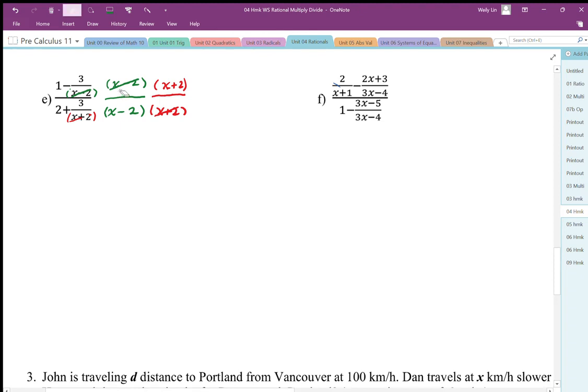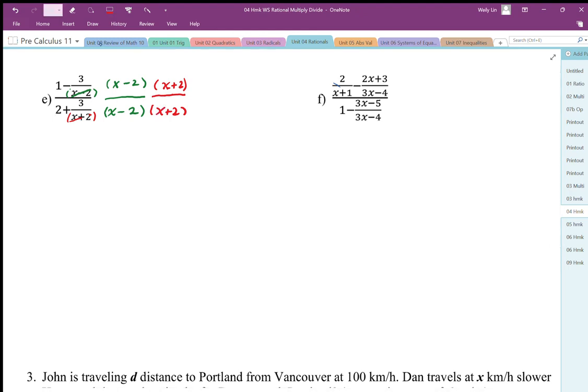Now, remember that when we multiply, only the x minus 2 will cancel when we multiply the fraction. It does not cancel when we multiply the 1. The same down here, the x plus 2 will cancel when we multiply the fraction, but it will not cancel when we multiply the 2 in the denominator.